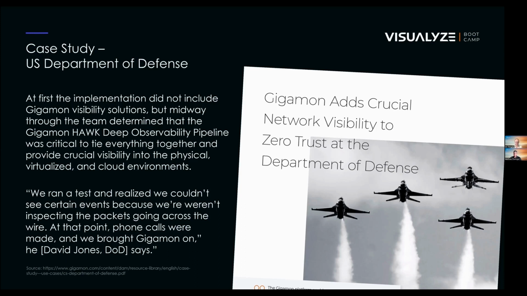But after a red team, it was determined that they absolutely needed to know what was happening in their environment, especially around east-west traffic. And Gigamon was inserted, and we showed visibility across the network in the environment. We met the requirements. I think Ian just said it a few moments ago, but I'm going to say it again.